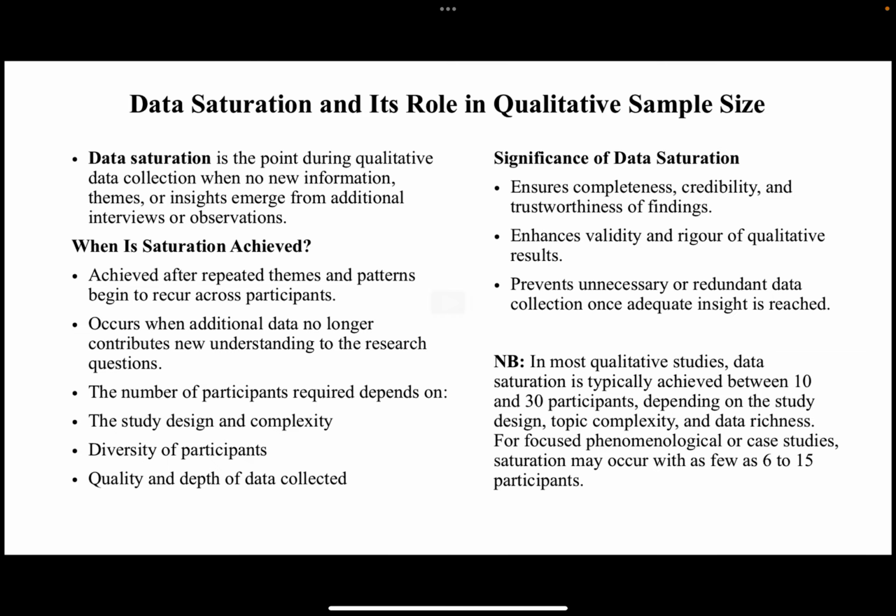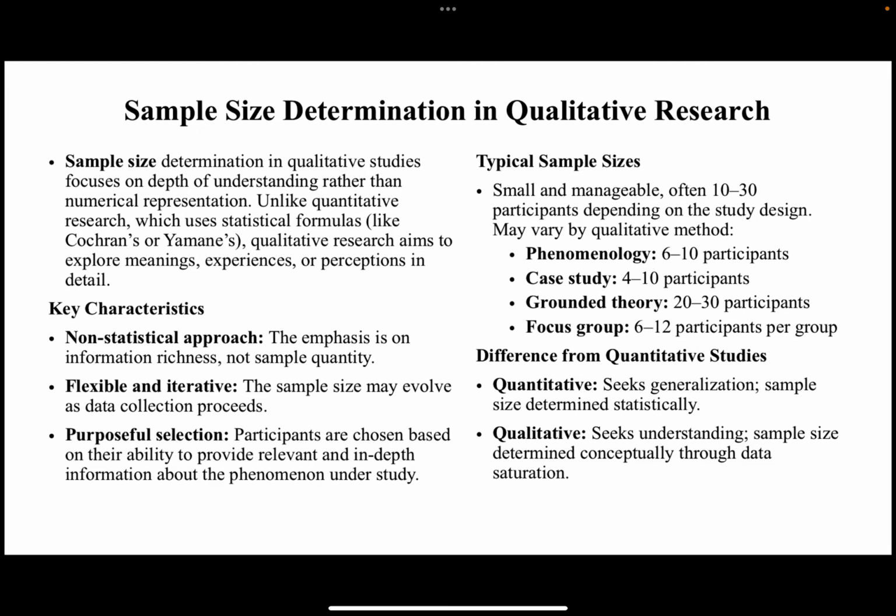Over here we give you some types of qualitative studies and the estimated sample size you should expect to attain data saturation. For phenomenology studies, 6 to 10 participants. For case study, 4 to 10 participants. Grounded theory, 20 to 30 participants. Focus groups, 6 to 12 participants per group.